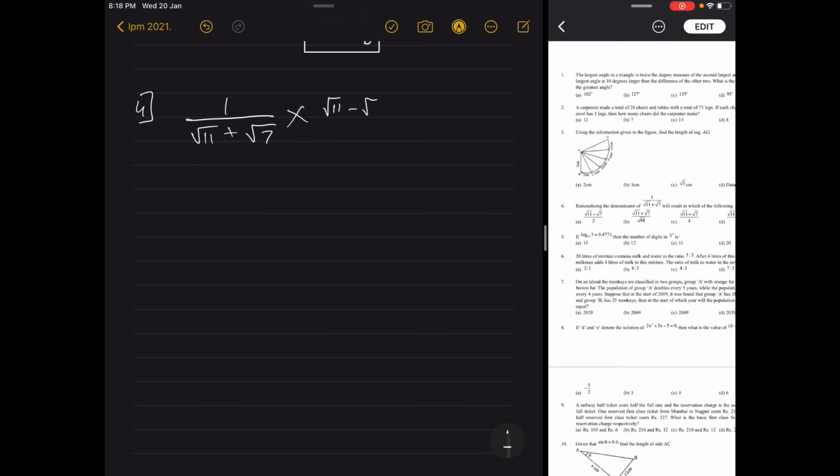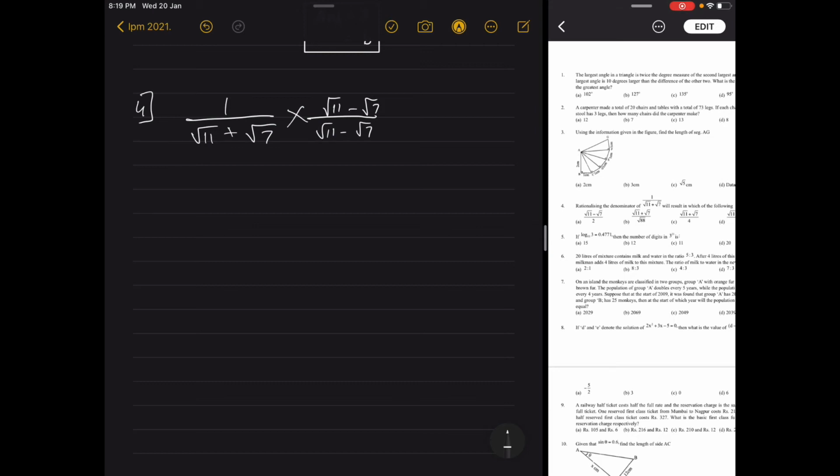Root 11 minus root 7 by root 11 minus root 7. It's the same thing, we can cancel it out. So effectively you are multiplying it by 1, but there is obviously a change in the numerator of this fraction.